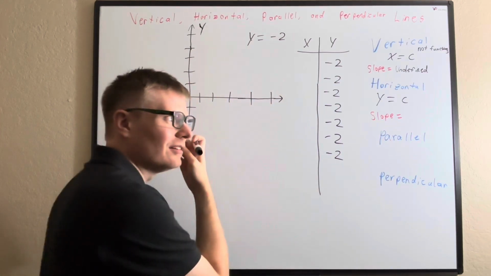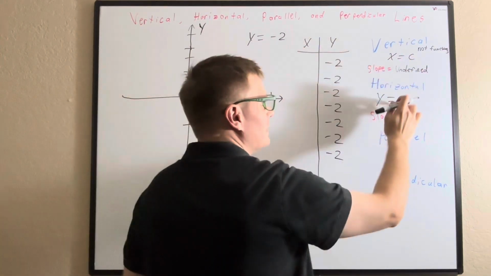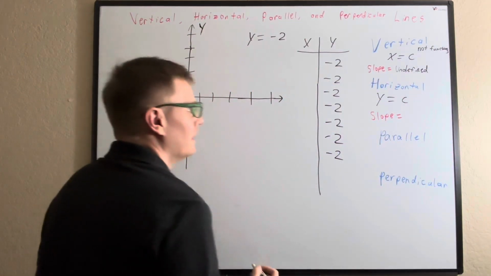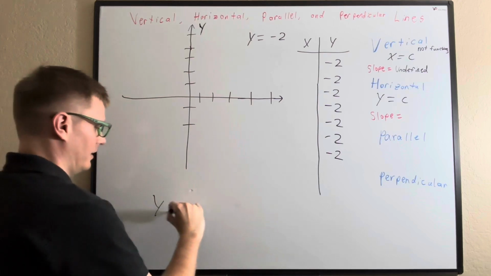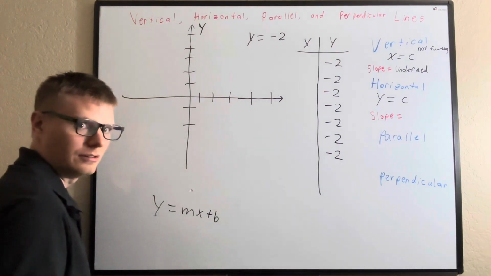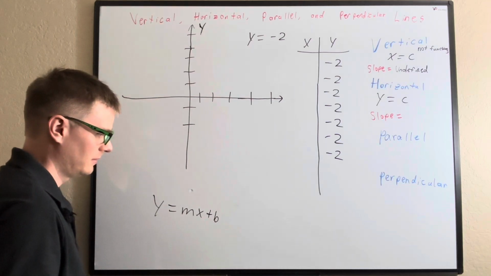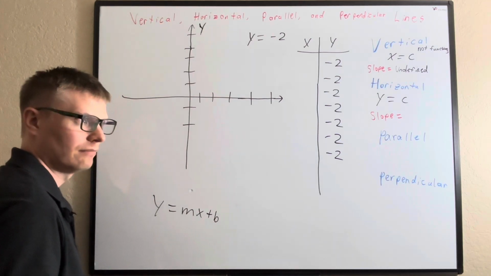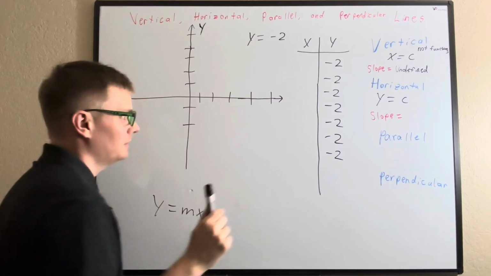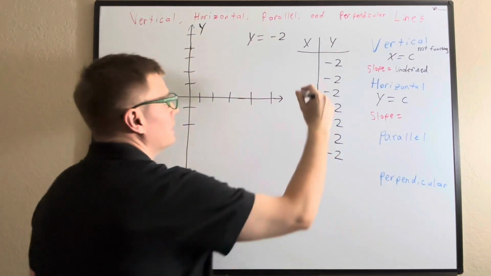Why is that? If it's the same as this, how is it still a function if it's still just so simple, right? I mean, it still doesn't look anything like our standard slope-intercept form, right? Well, that's where slope comes in.